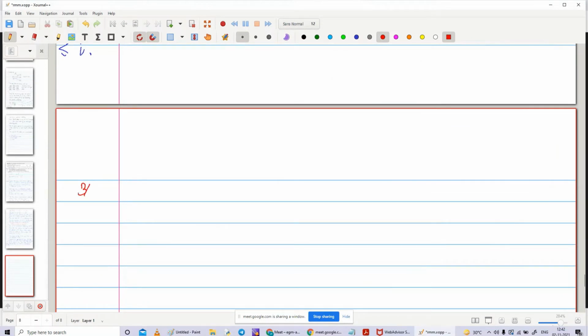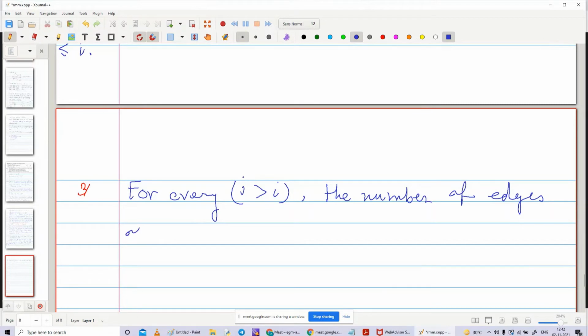Okay. So if it is fine, then we can have the next lemma. The next lemma says, for every j greater than i, the number of edges of rank at most i is the same in Mi and Mj.